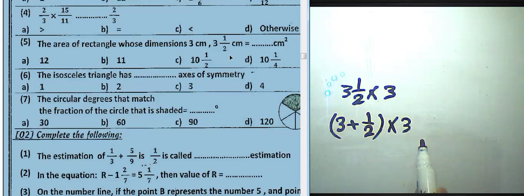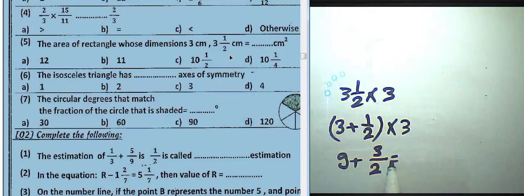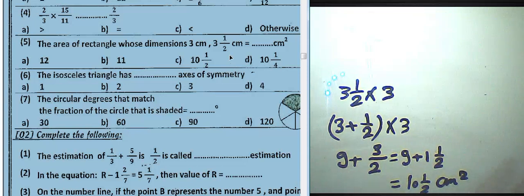Multiplication by 3 using the distributive property to find the area. 3 times 3 equal 9. And 3 times half equal 3 over 2. 3 over 2, it will be what? It will be 1.5. Then you can add them. 9 plus 1.5 equal 10.5 square centimeters.